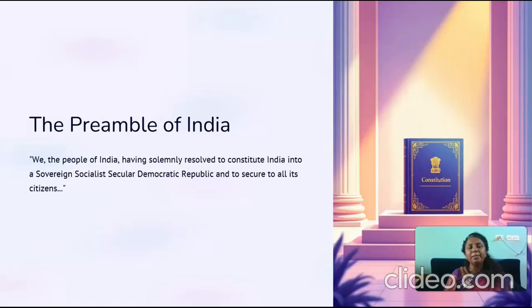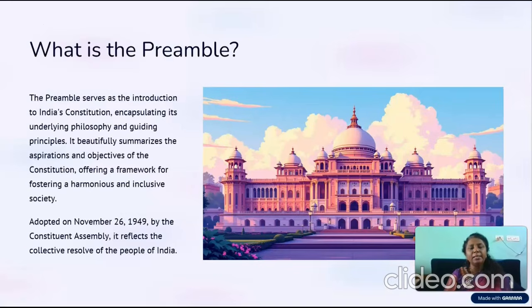What is a preamble? A preamble is a short introduction to our Indian constitution, and it tells us what our constitution is based on, what philosophy it's based on, and what the guiding principles of our constitution are.